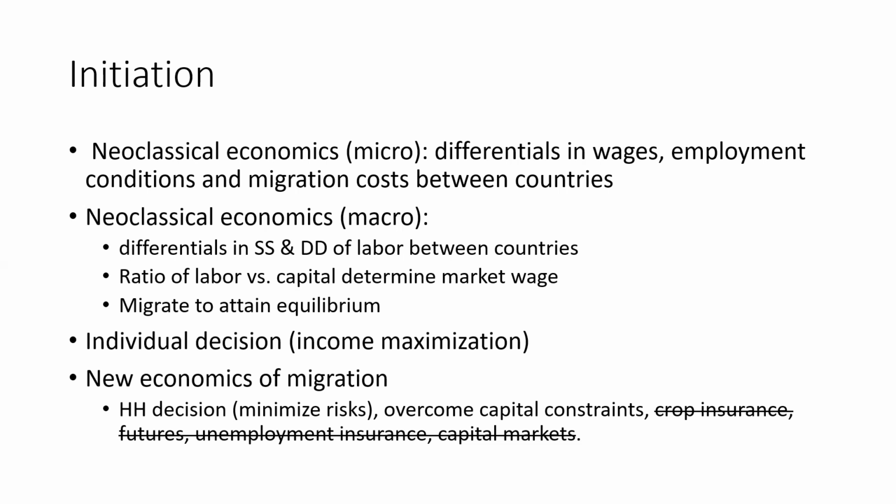Hopefully, these family members, if they can get a job abroad, are going to send back their incomes or part of their incomes and other remittances. This is how family members as a whole overcome capital constraints by deciding who should migrate abroad. And hopefully that member is going to send some of their income back to expand their family enterprises locally.